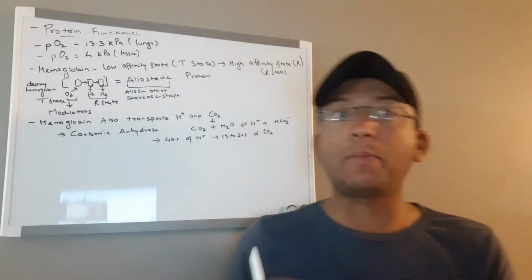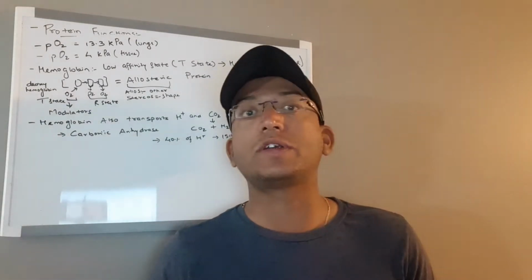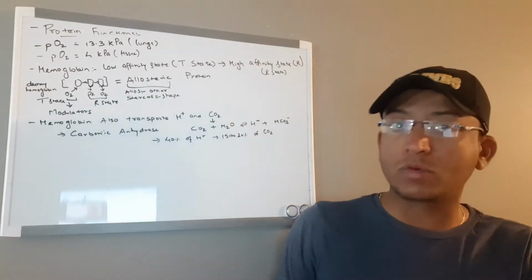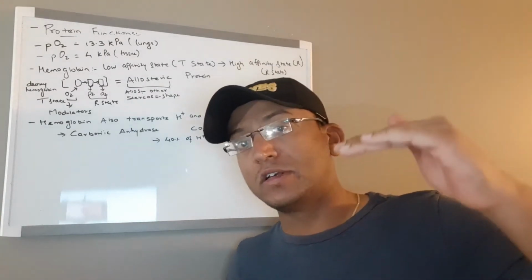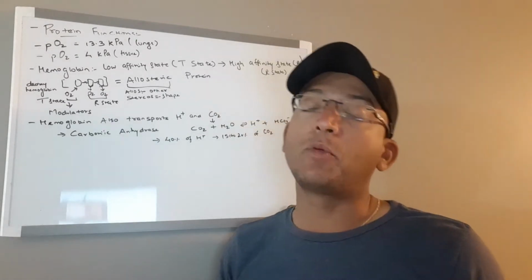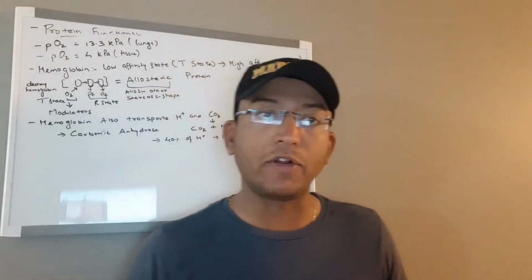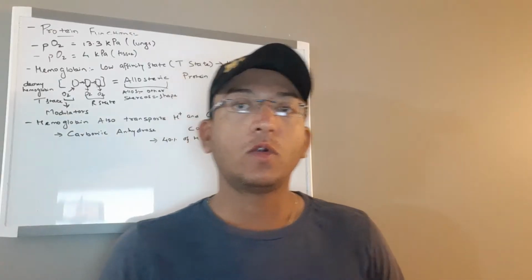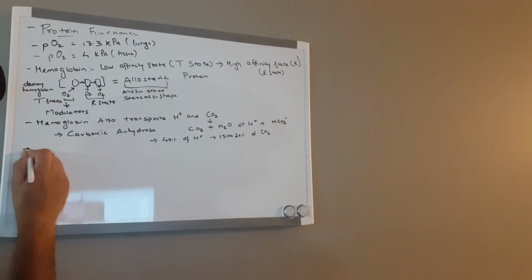Conversely, in the capillaries of the lungs, as CO2 is excreted and the blood pH consequently rises, the affinity of hemoglobin for oxygen increases and the protein binds more oxygen for transport to the peripheral tissues. We'll explain again with a simple diagram.